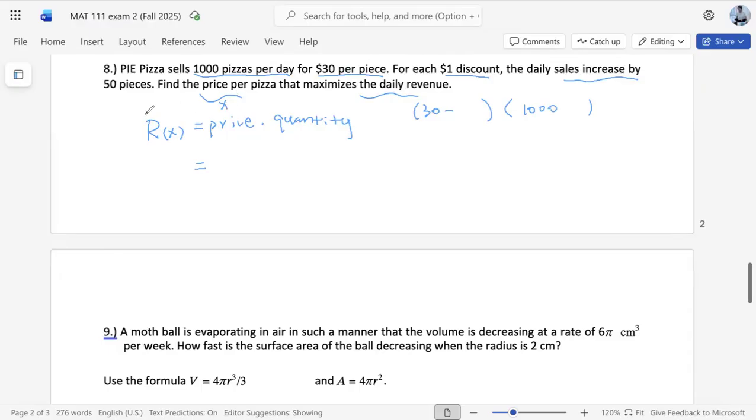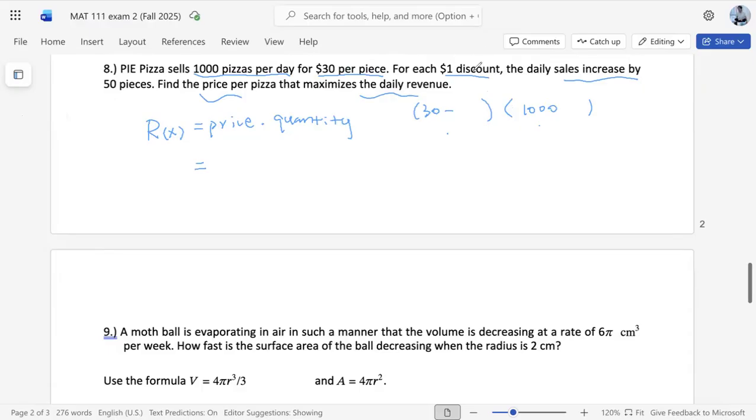Actually, both the price and the quantity depend on the discount. For each dollar discount, the daily sales increase by 50 pieces.